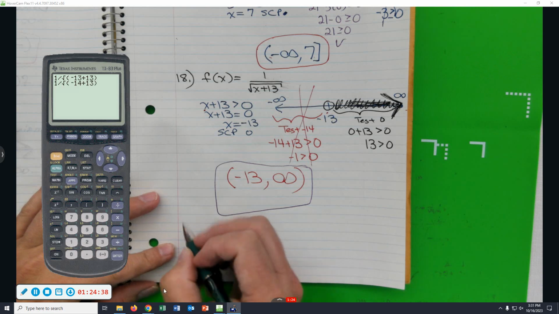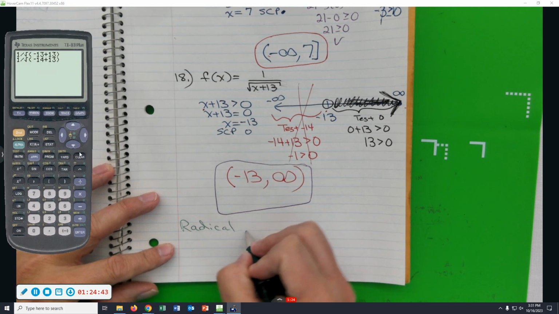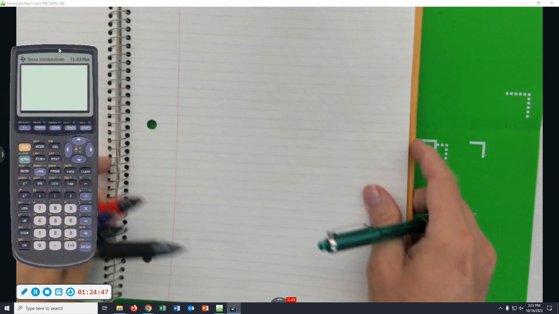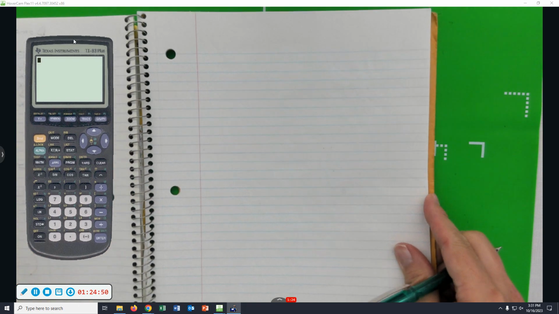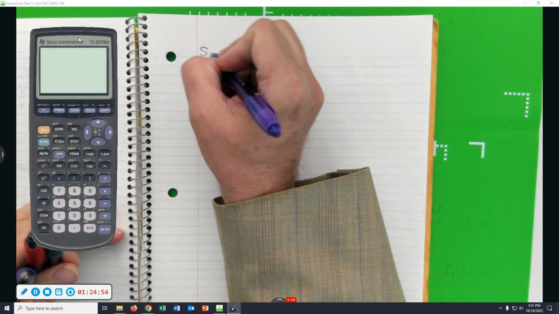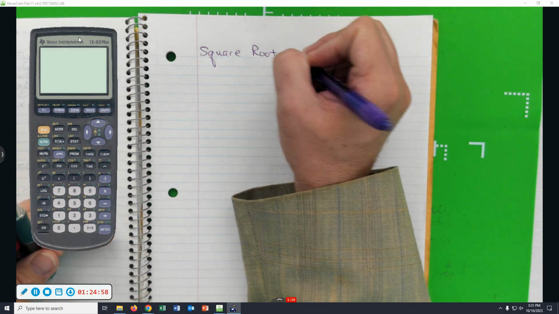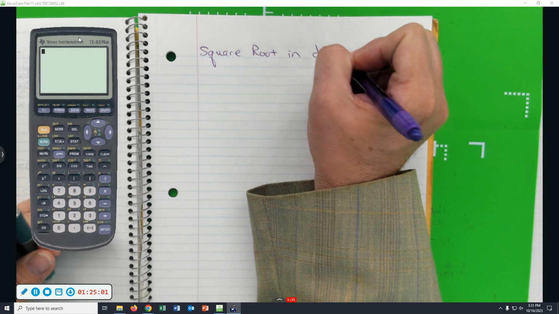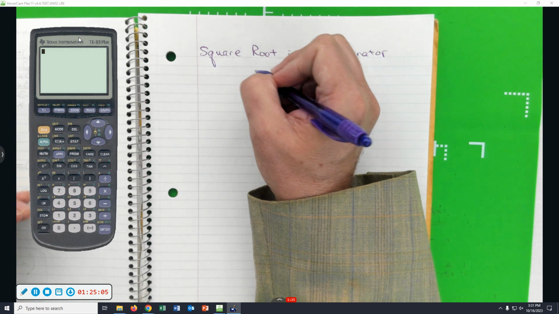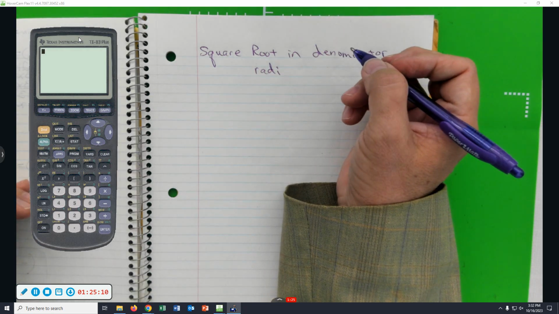Okay, I'm going to write radical. I'm going to move it up here. I'm not going to say radical, I'm going to say square root in denominator, greater than 0. You set the radicand greater than 0. The radicand is a fancy word for the expression under the radical.